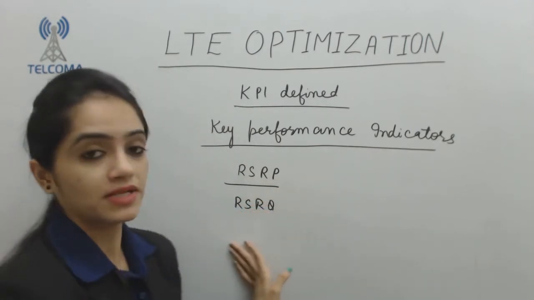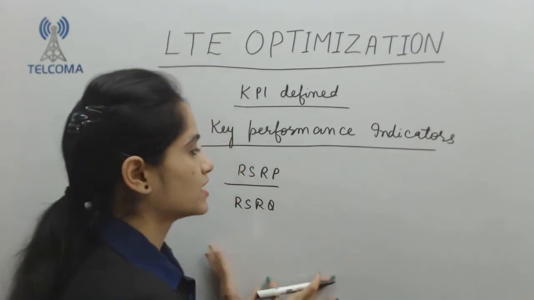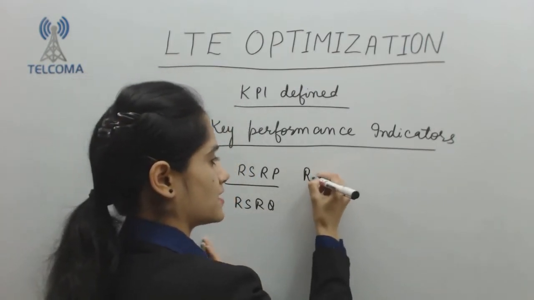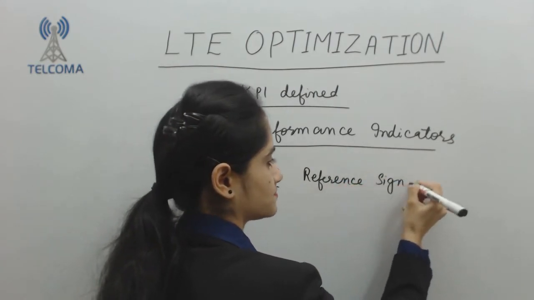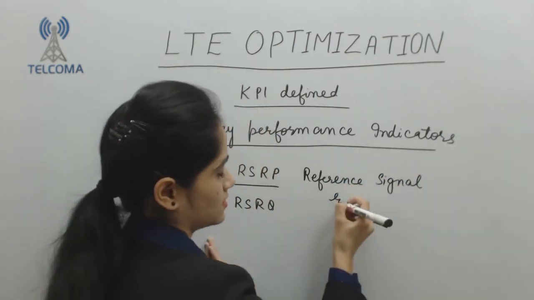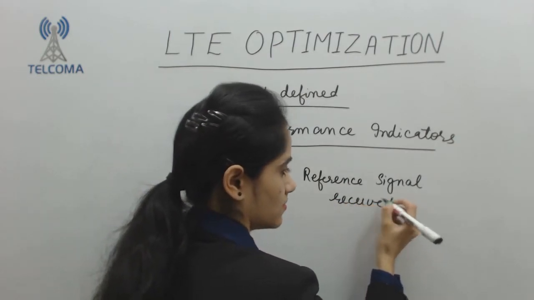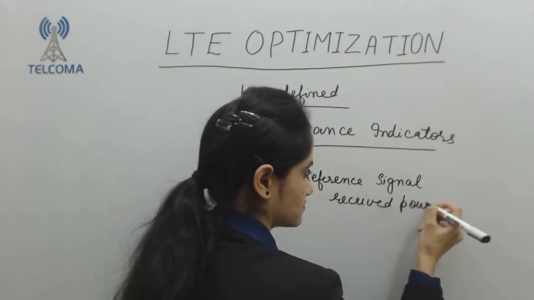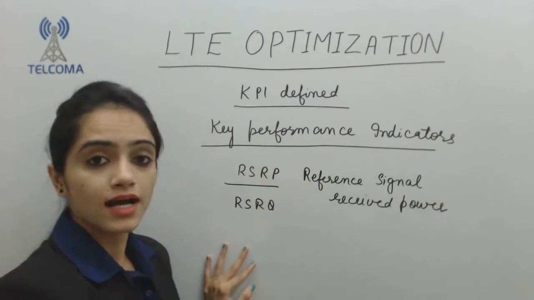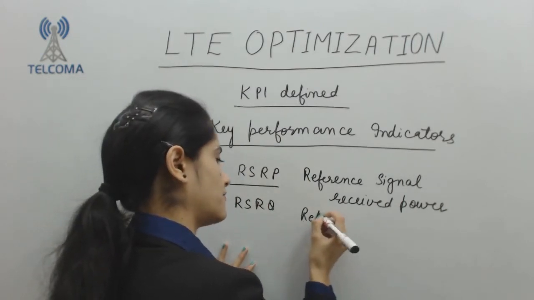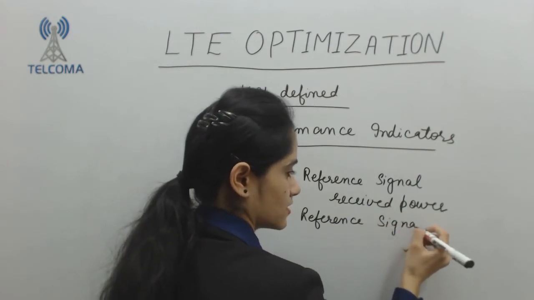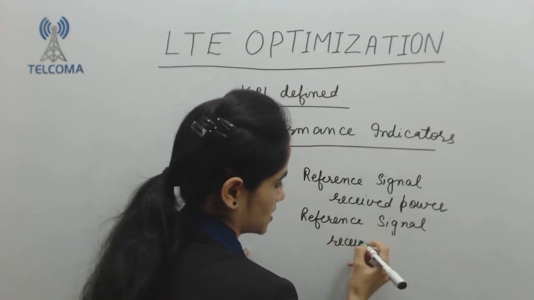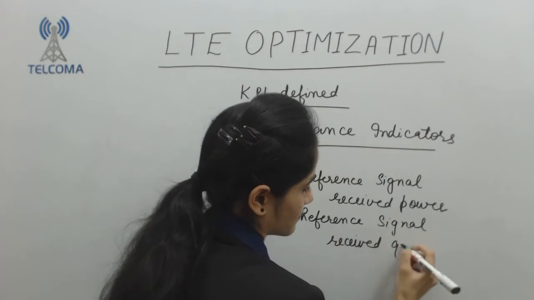These are two parameters in our radio interface. RSRP is reference signal received power and RSRQ is reference signal received quality.